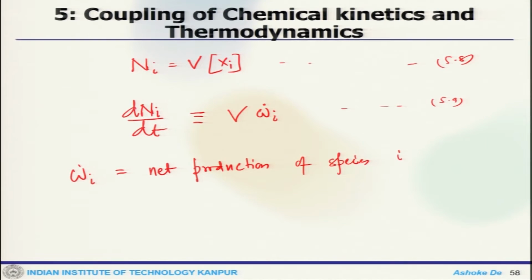Now, once we substitute 5.7 into 5.9, basically we want to substitute 5.7 and 5.9 into 5.6.